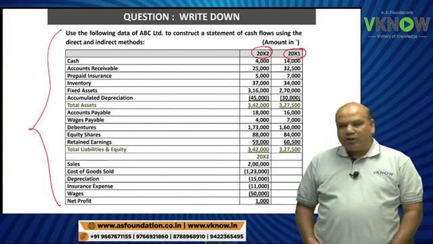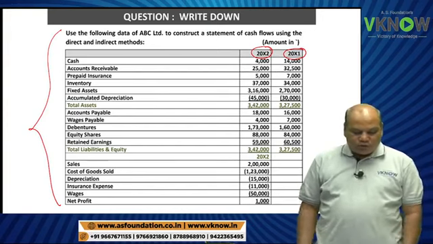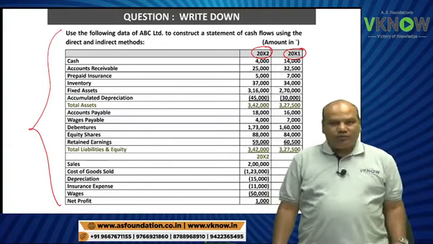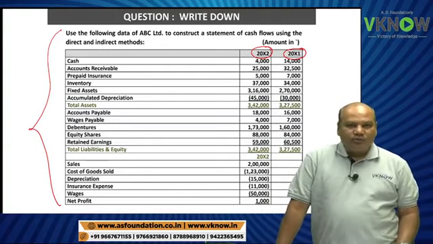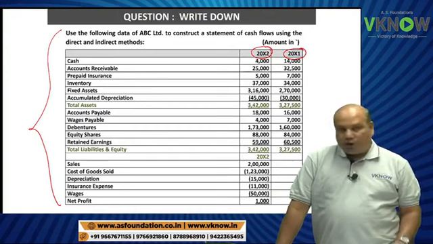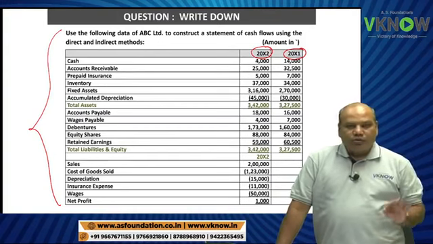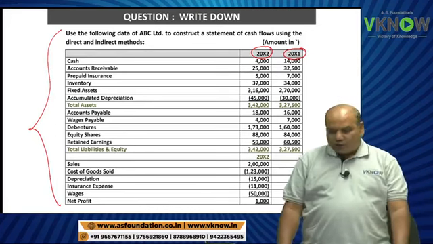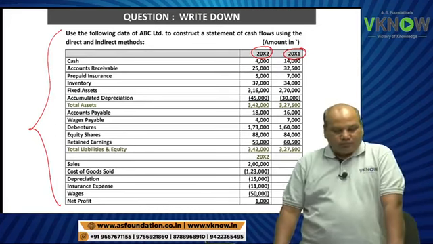All of you, please write. We are trying very hard to ensure you get very good results. Accounts receivable: 25,000 and 32,500.